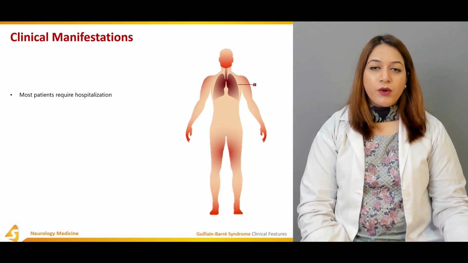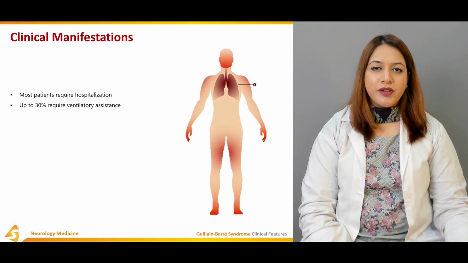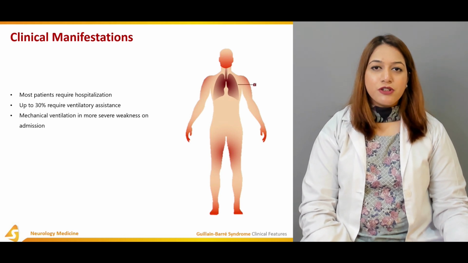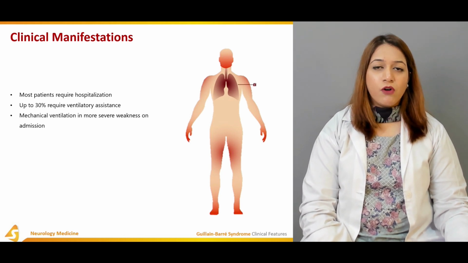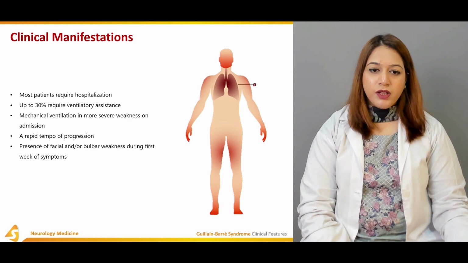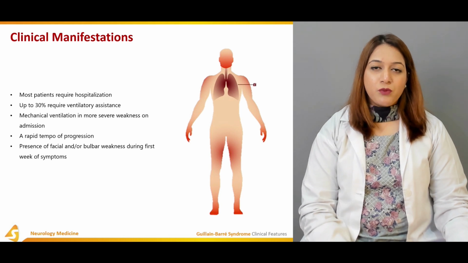Most patients require hospitalization, especially those that are suffering from the acute infection. And up to 30% of the patients require ventilatory assistance if there is involvement of the respiratory muscles. Mechanical ventilation is needed in more severe weakness on admission, and there is a rapid tempo of progression. It ascends bilaterally in a symmetrical pattern. And there is presence of facial or bulbar weakness during the first week of symptoms.